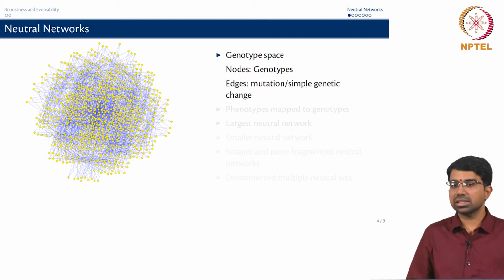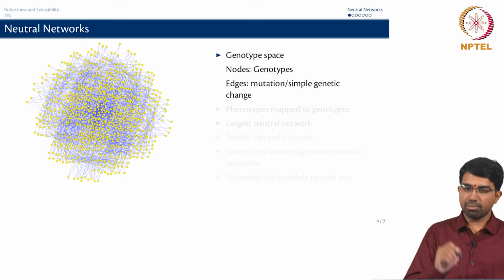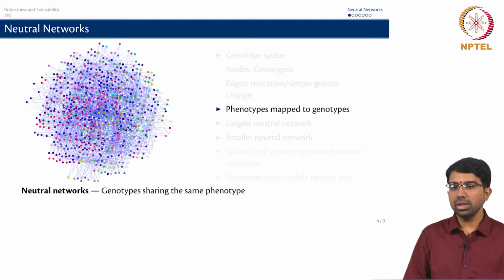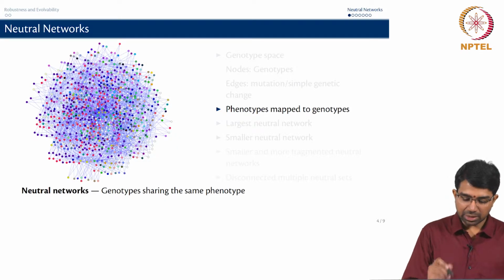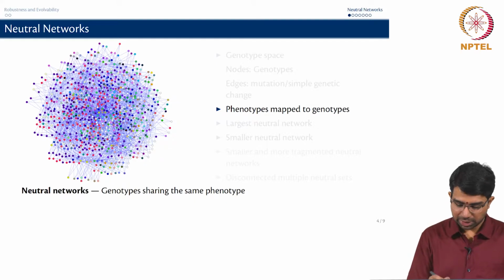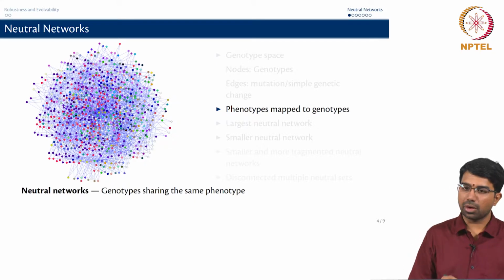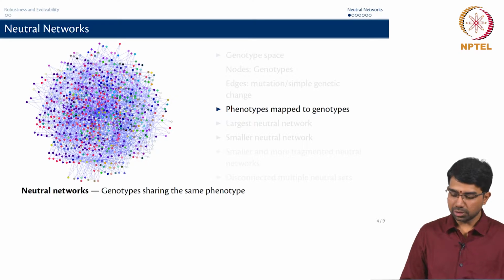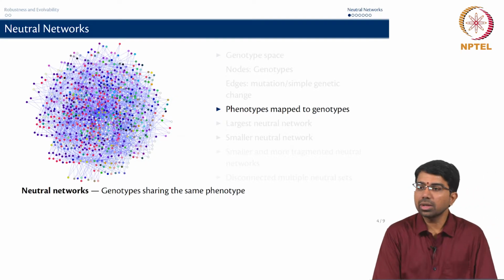So, now let us take this genotype network and map the phenotypes onto this, which means we essentially color up the network. So, every color now represents a particular phenotype, right. If you see a red color, all the red nodes together are the same phenotype, all the violet nodes are one phenotype, all the grey nodes are one phenotype and so on and so forth. Now, what is a neutral network?